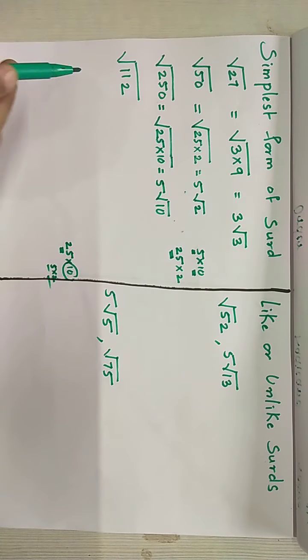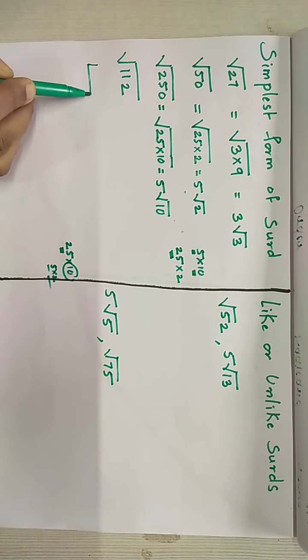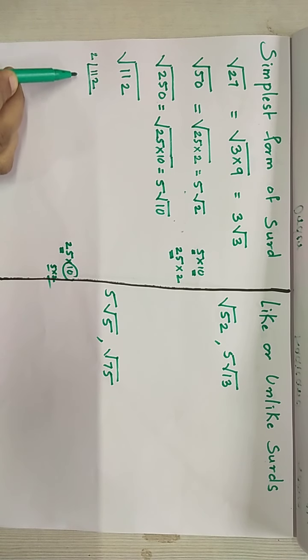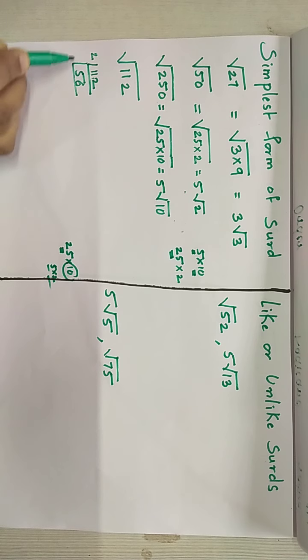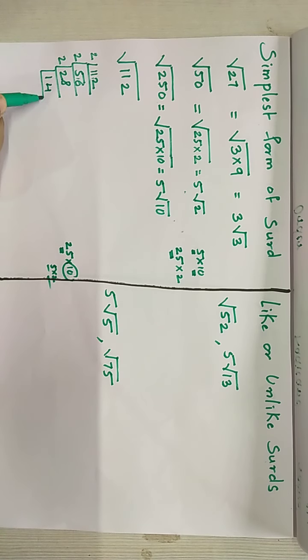Now let's see 112. Now 112 we can factorize and find out the factors. 2 5s are 10, 1 carry, 2 6s are 12, 2 2s are 4, 1 carry, 2 8s are 16, 2 1s are 2, 2 4s are 8, 2 7s are 14, 7 1s are 7.